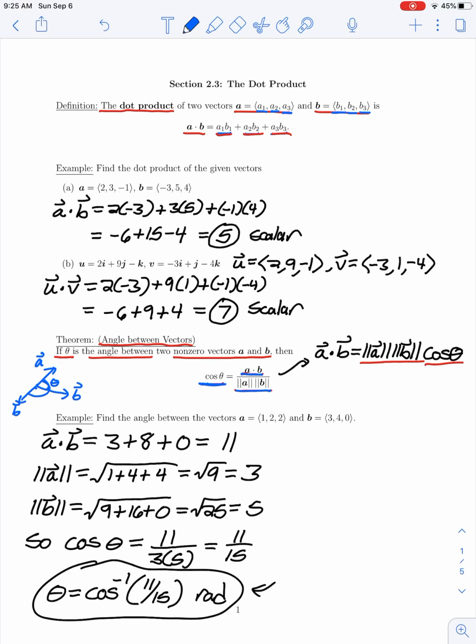Why couldn't it go past pi radians? Well, if we rotated more than 180 degrees, then the angle between these vectors A and B would be defined as this shorter angle between them. So theta has to range from 0 to pi.